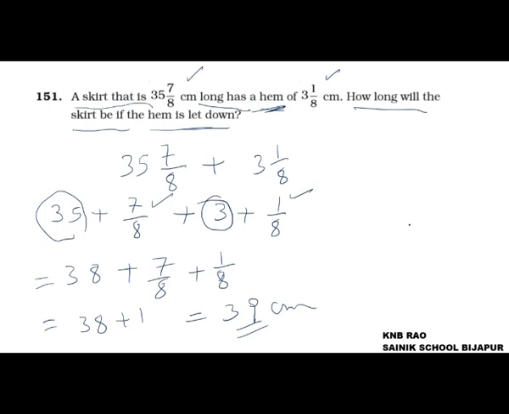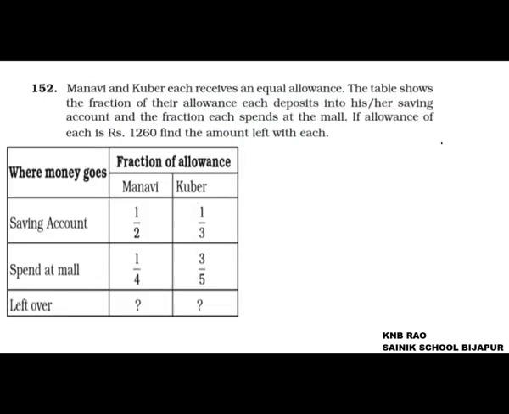Now the last question is, Manvi and Kuber each receive equal allowances, whereas this table shows the fraction of their allowance each deposits into his savings account.